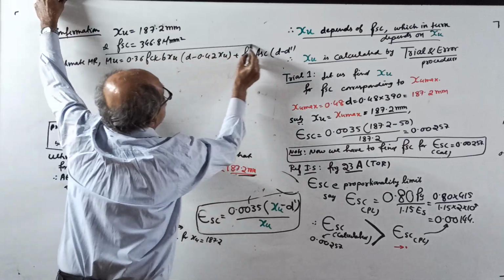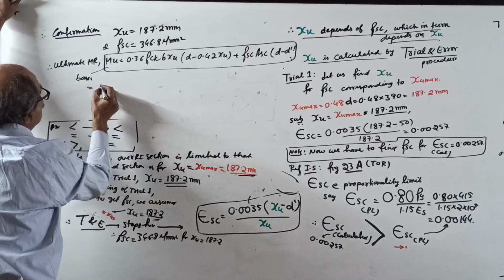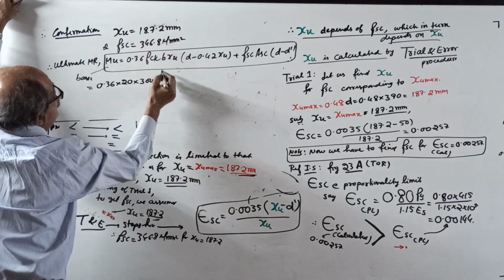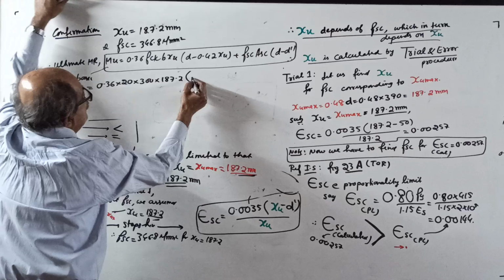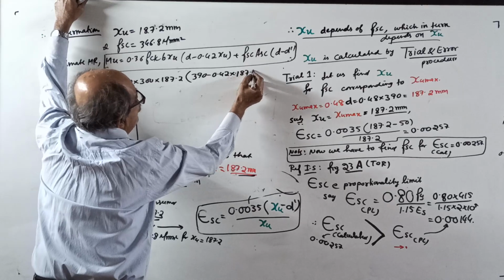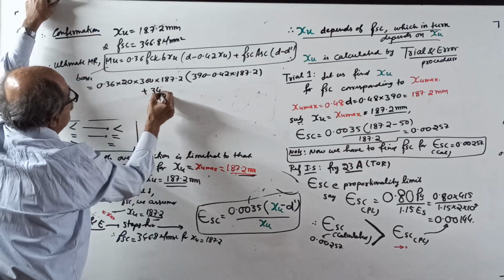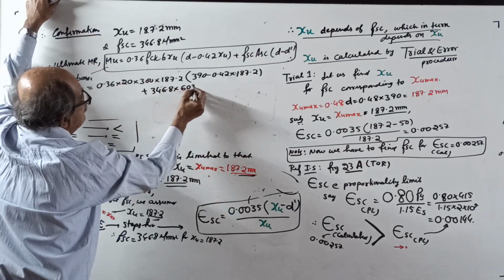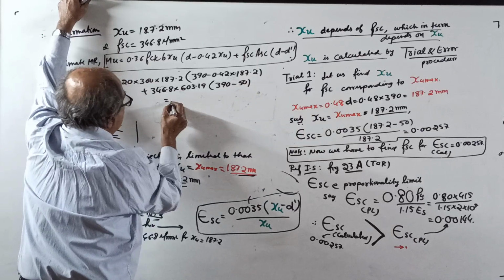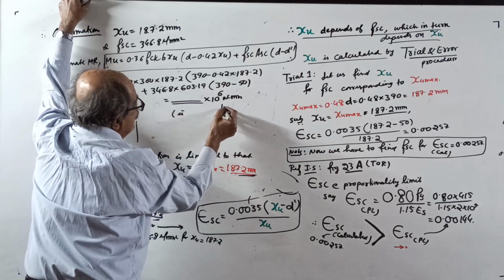If you use basic equation, this I am writing every time, equal to 0.36 into FCK 20, B is 300, XU is 187.2 into 390 minus 0.42 into 187.2, plus FSC, 346.8 into 603.19 into 390 minus D dash is 50, equal to 10 to the power 6 Newton millimeter, that is kilonewton meter.